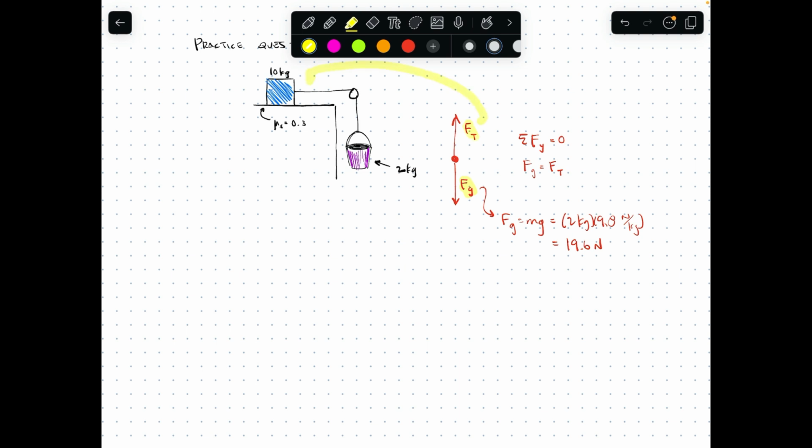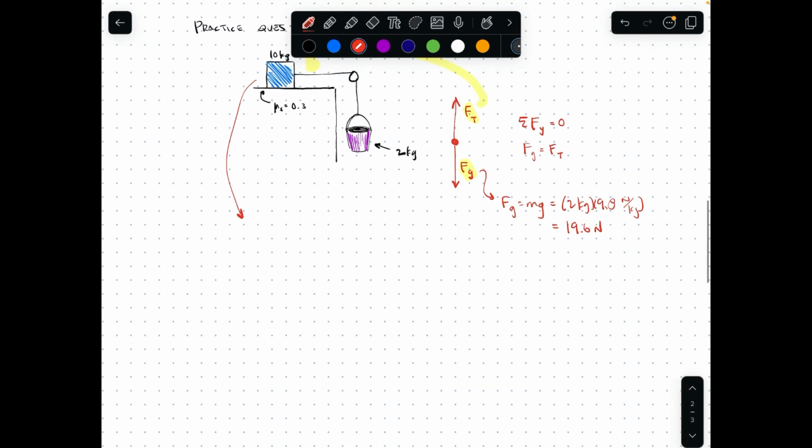So if we come up here to that box, if we draw a force diagram for the box, if that's standing still, we have a force of gravity down, and we have, oh, sorry, not tension, a normal force up, and we have that force of tension to the right. And if it's not moving, there must be a force of friction going the other way.